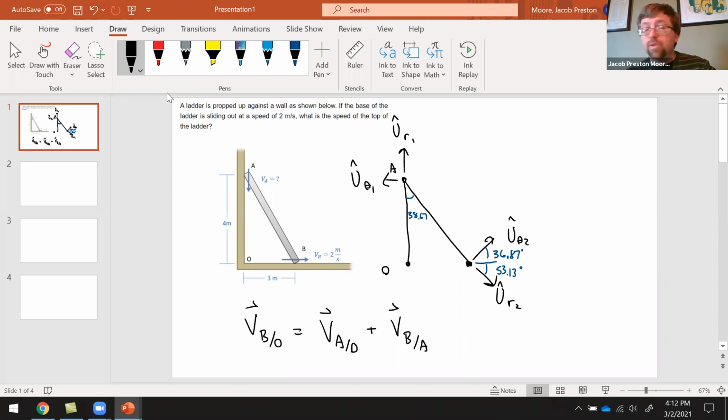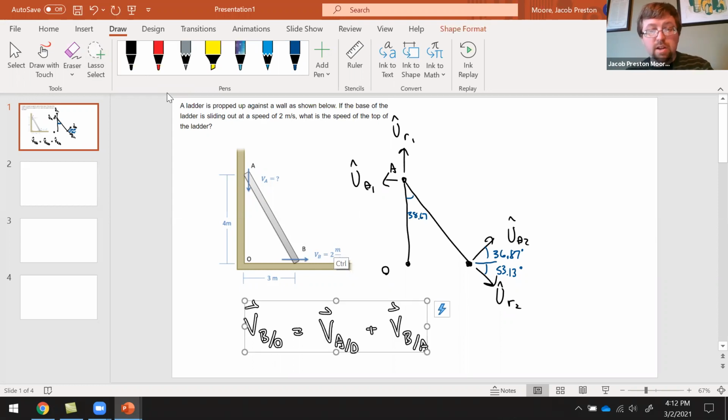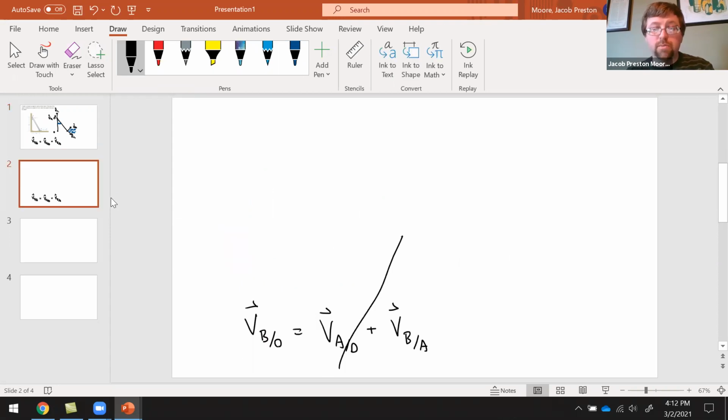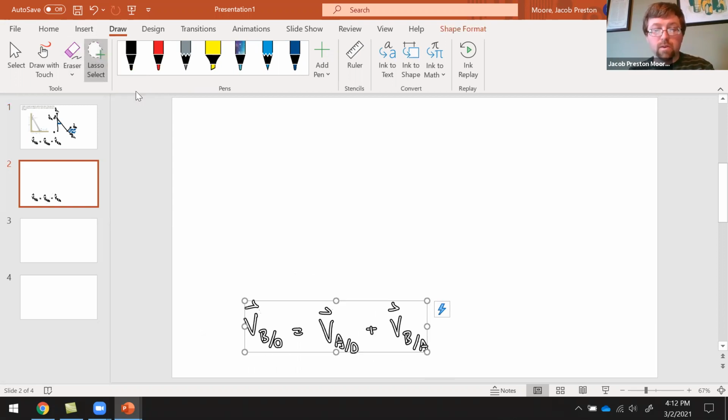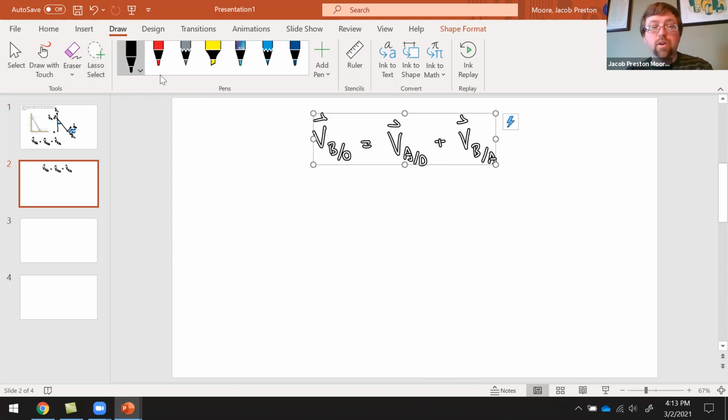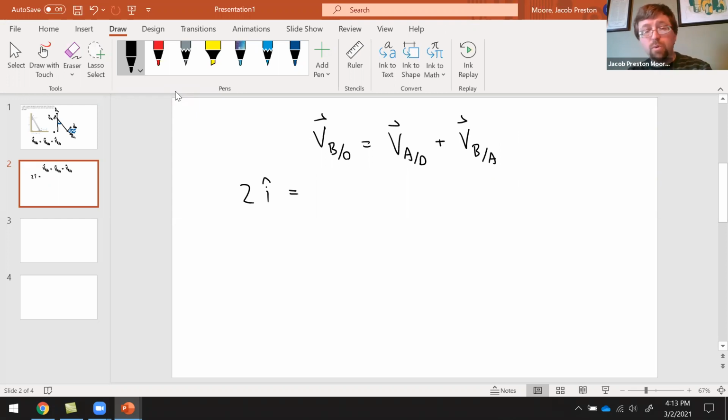Let's break this down into components. I'm going to take this equation and plug in the values that I do know. The velocity of point B with respect to O was 2 meters per second in the positive x direction, so I'm using the I unit vector there. A with respect to O, what do I know about that?